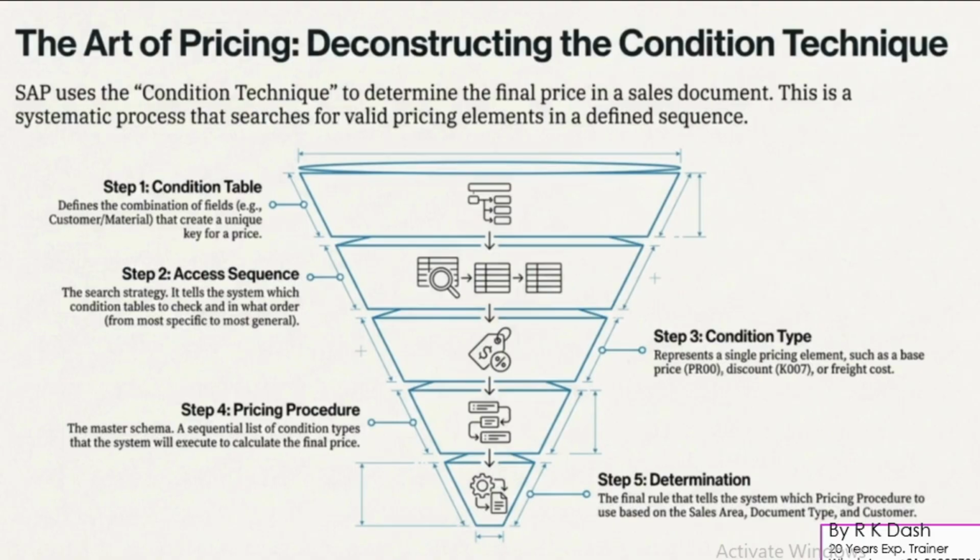And once the condition type is created and linked to the access sequence, the pricing procedure will be created and all the condition types are added inside the pricing procedure. Then we follow the determination rule, the final rule that tells the system which pricing procedure to be used based on the sales area, document type and the customer. So we are going to maintain that determination so that it will be determined in the sales order.